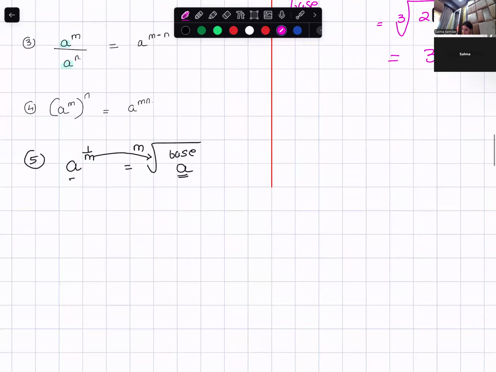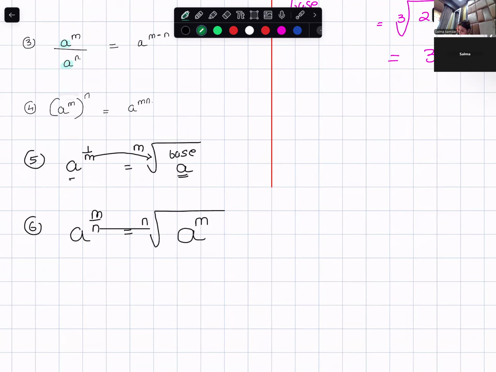Let's take the next law of indices, the sixth one. I have a raised to m over n. Since it is a fraction, it becomes a root. The base a would come inside the root, the denominator n would be over here, and what is left is a raised to m.